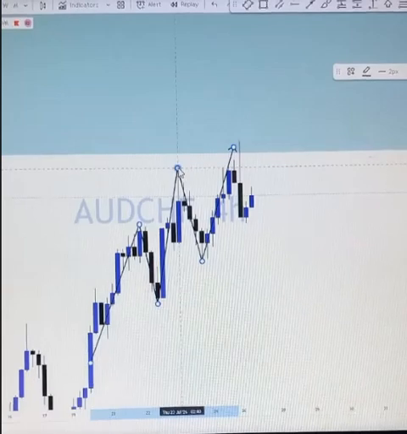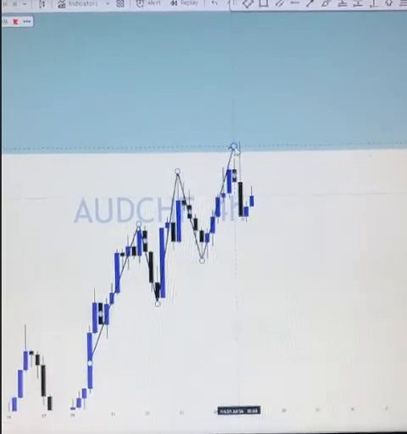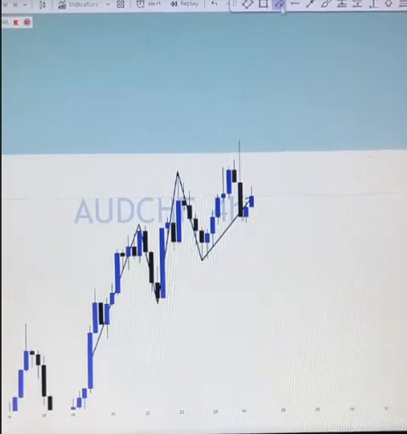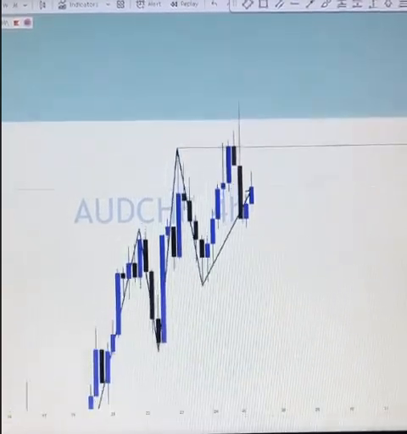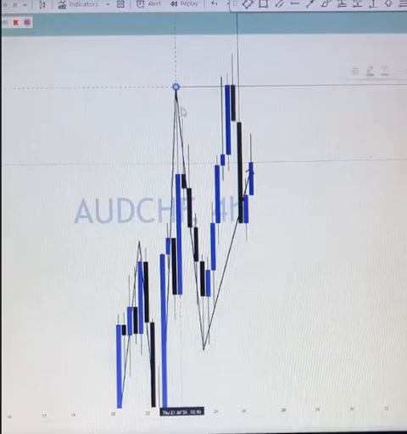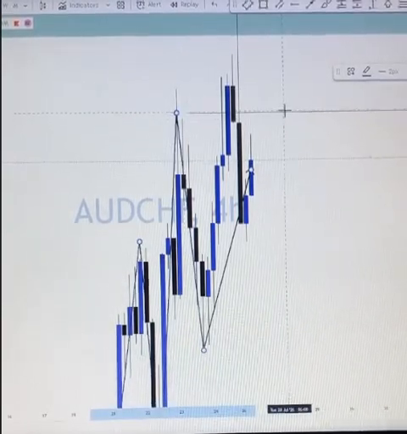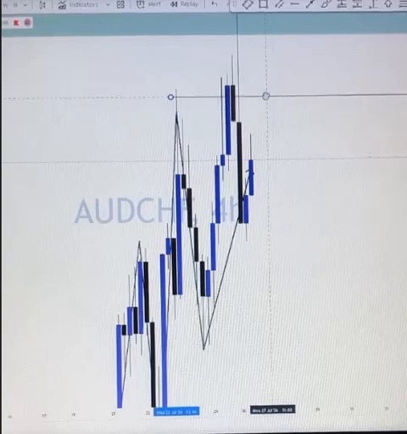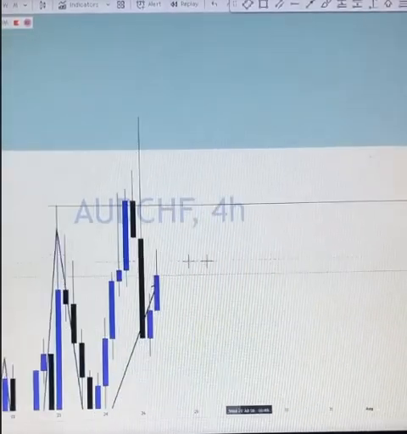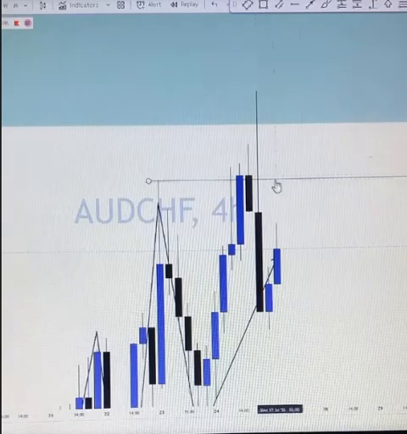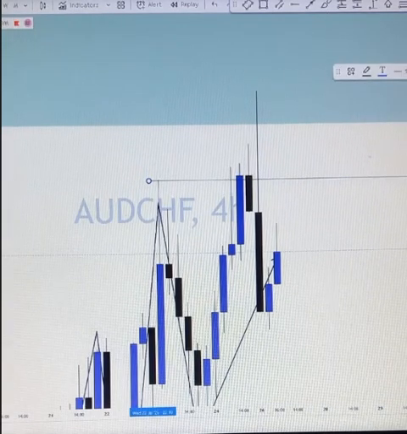Do we have a breakout here? Yes, we do. Can you see it? The candle close signifies that this is a breakout.